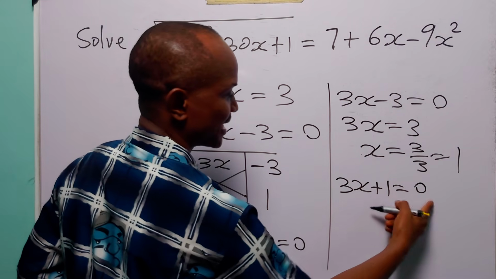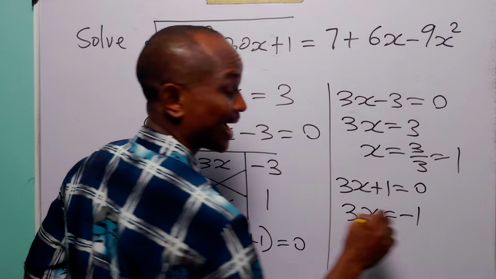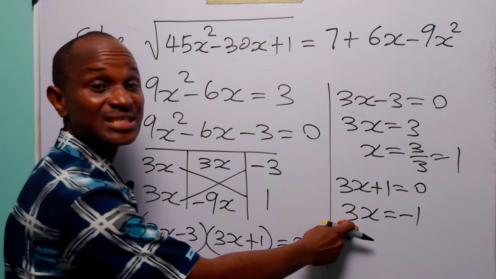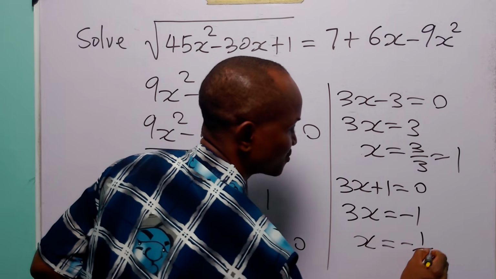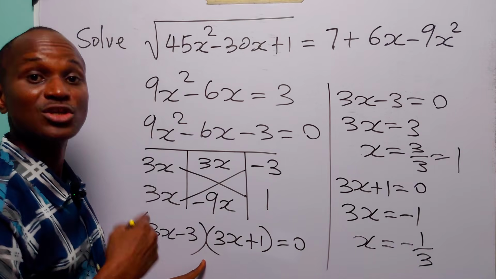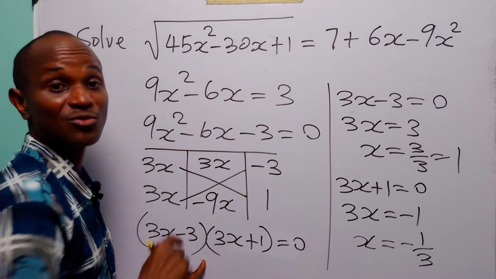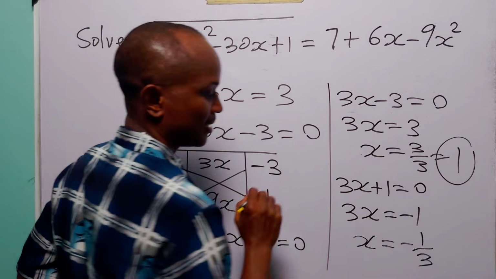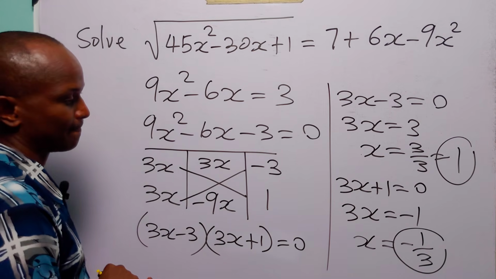Subtracting 1 from both sides of this equation, we have that 3x is equal to minus 1. And once more, dividing both sides of this equation by 3, we have that x is equal to minus 1 over 3. So now we have found two values of x that satisfy this radical equation. X equal to 1 and x equal to minus 1 over 3.